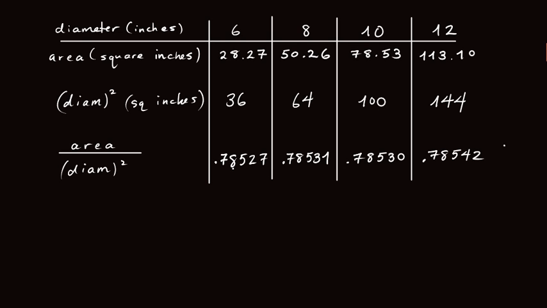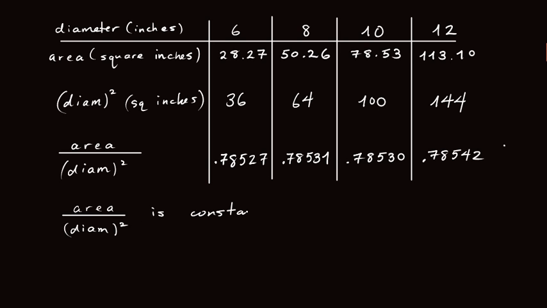So look at these numbers. They're very, very similar. And what this says is that area divided by diameter squared is constant. It's about 0.78527 or 0.78553. All these numbers are so close. So area over diameter squared is constant, or essentially constant.